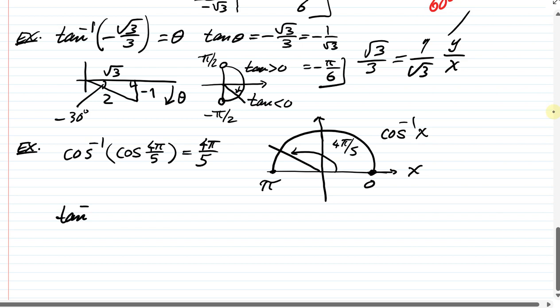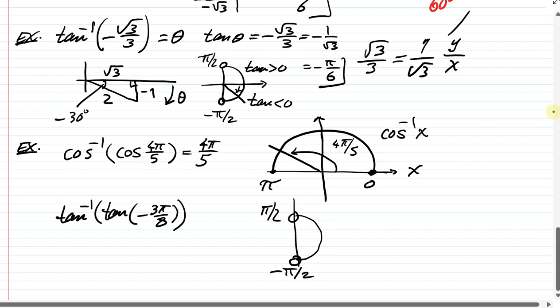Suppose I want to do arctan of tangent of negative 3 pi over 8. So let me draw this one. For tangent, remember we go from negative pi over 2 to pi over 2, right? That's the range of the inverse. And this is tan inverse we're working with.